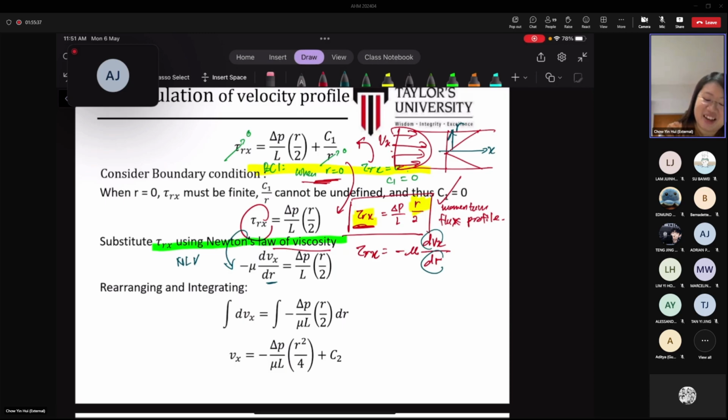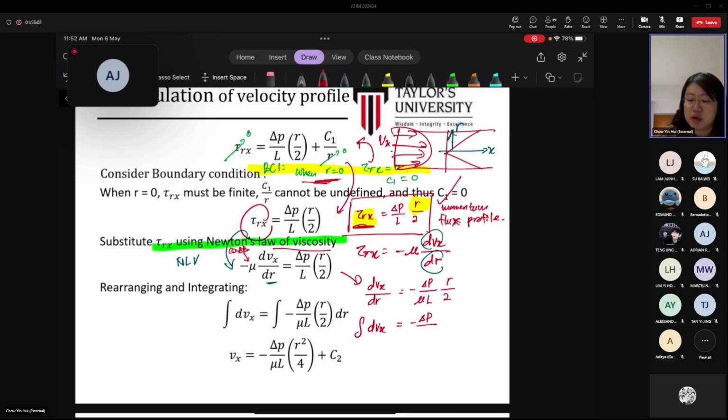Now, as you know, viscosity is a constant value. So I'll do a quick rearrangement. dVx dr equals negative pressure drop divided by mu L times R over 2. Then we rearrange the variables.